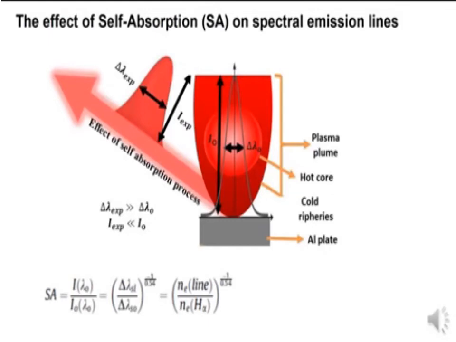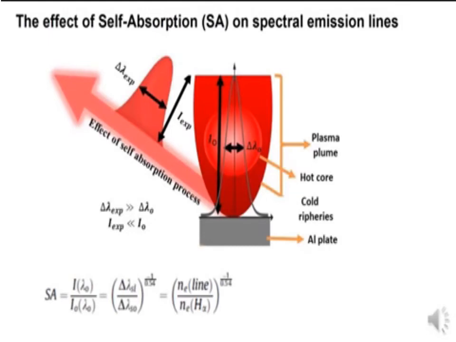Therefore, self-absorption will be calculated from several equations or several methods. We will measure the self-absorption from the electron density of the line, the calcium line in this case, divided by the electron density of the H alpha line.